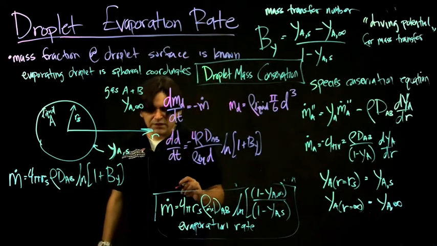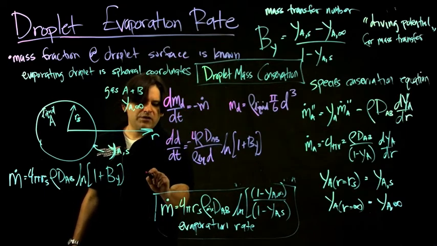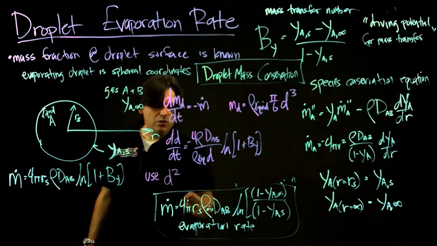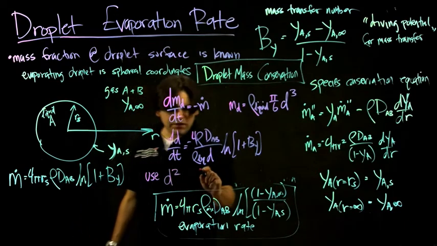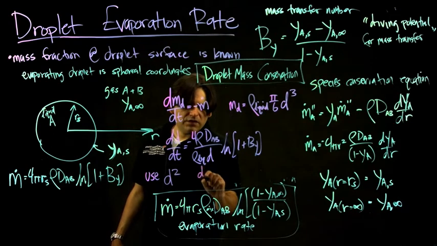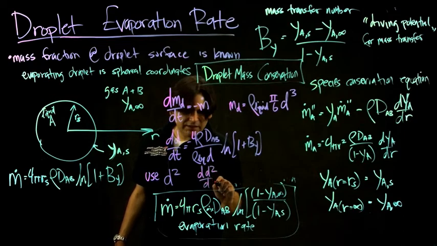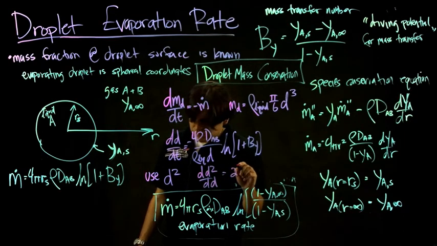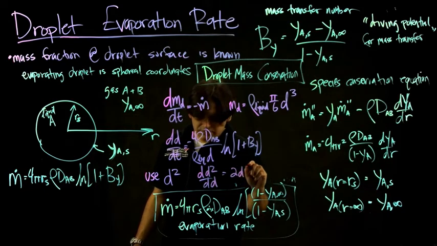And for mathematical expediency, we can use d squared. Why? Because the differential of d squared with respect to d equals 2d dd.